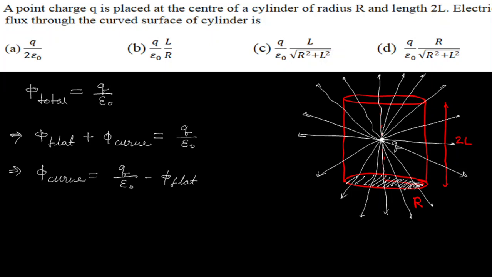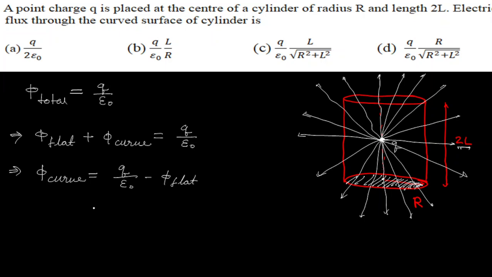So what will be the flux through this flat surface, the bottom surface? It will be Q divided by 2 epsilon naught times 1 minus d. In this case we replace d by capital L, because the distance from the center to the bottom surface is L, since the charge is placed at the center.